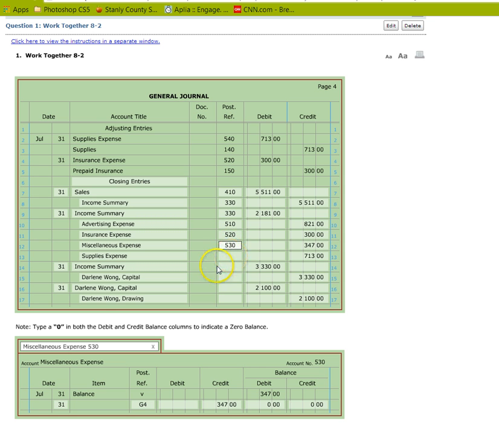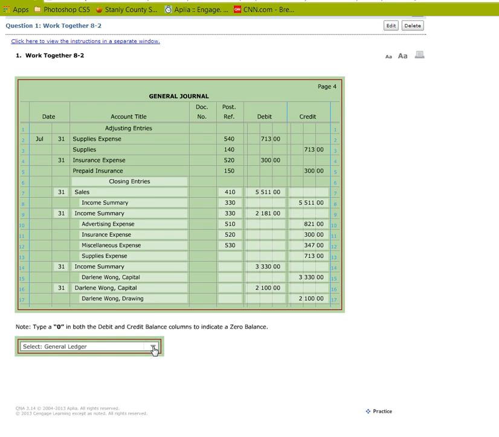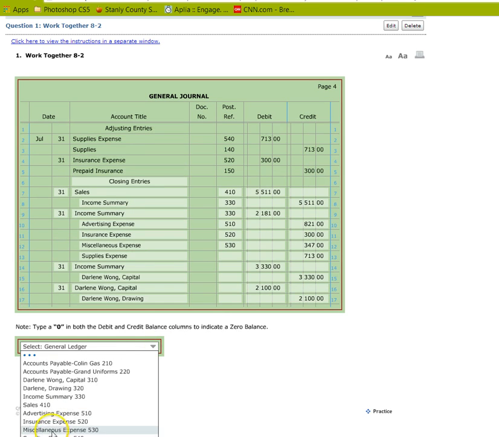The last one that we have, supplies expense. For some reason I have a hard time getting this to go down. Alright, I'm going to pause this while I try to get this supplies.